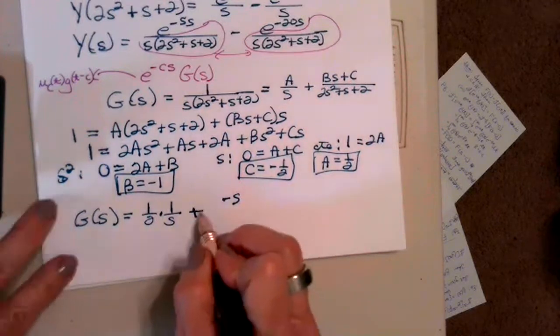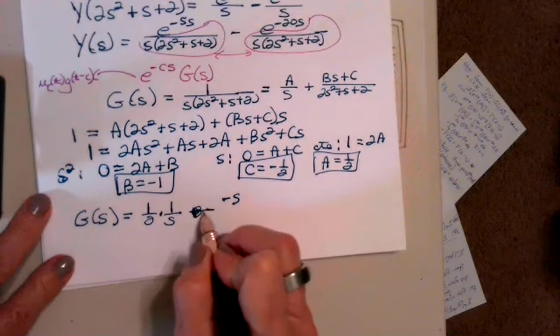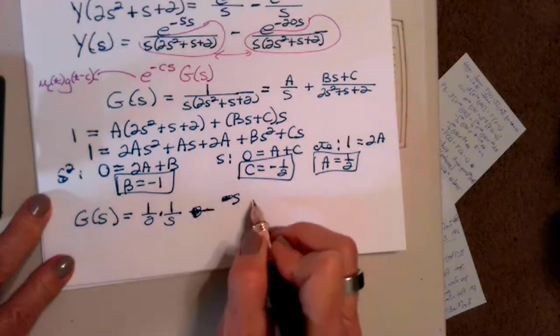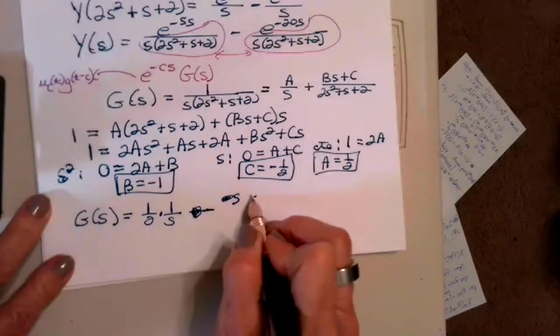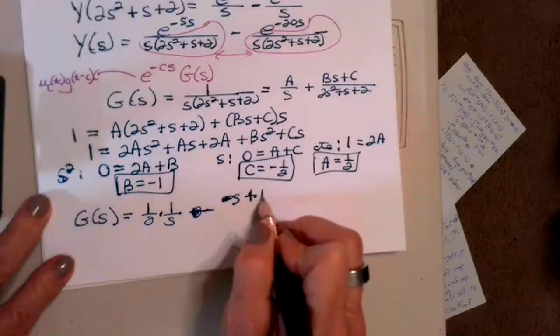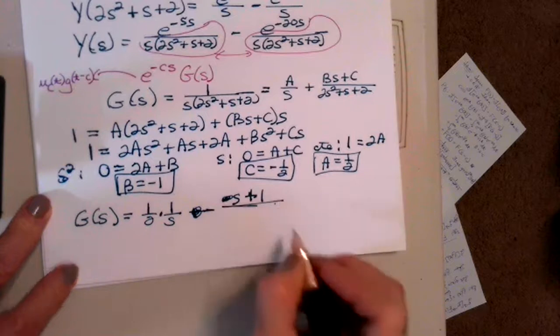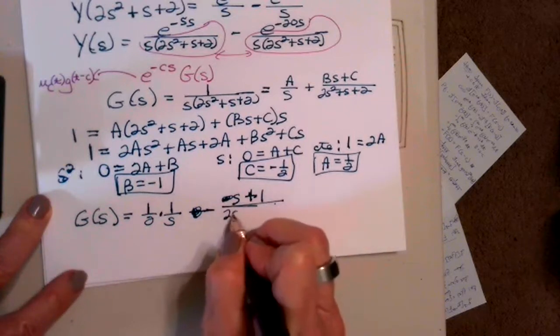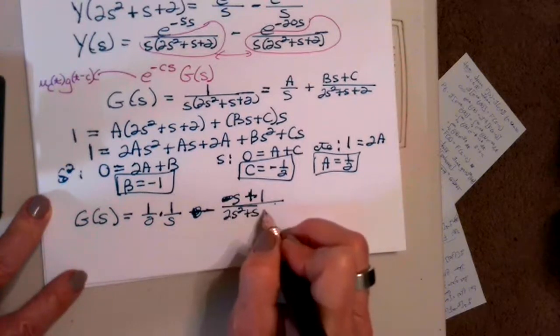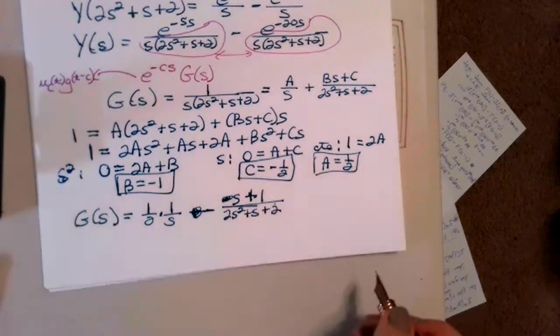So let me just write it as a minus sign out in front. And then we'll have an s plus 1 over 2s squared plus s plus 2. That's my Bs plus C over 2s squared plus s plus 2. Okay. All right.